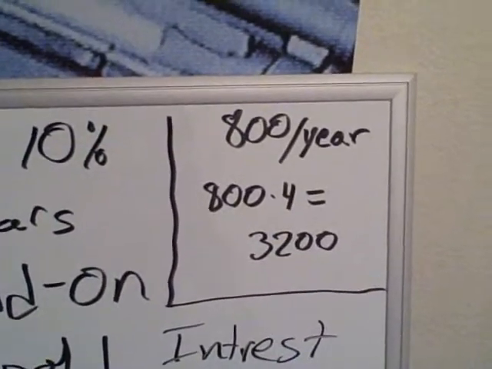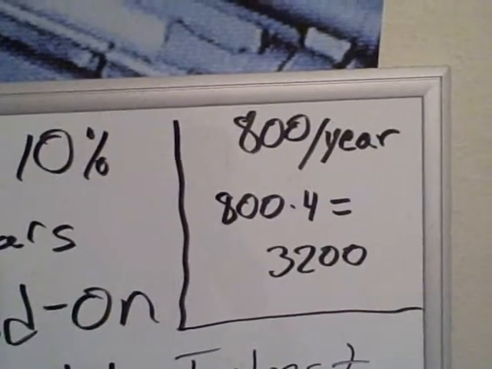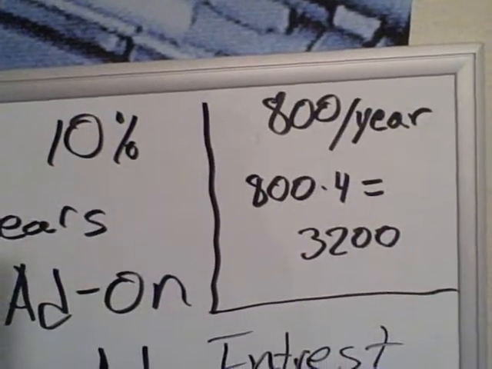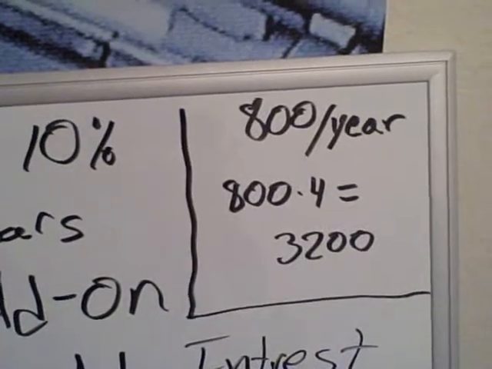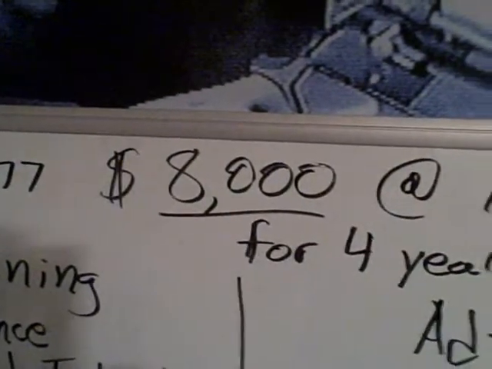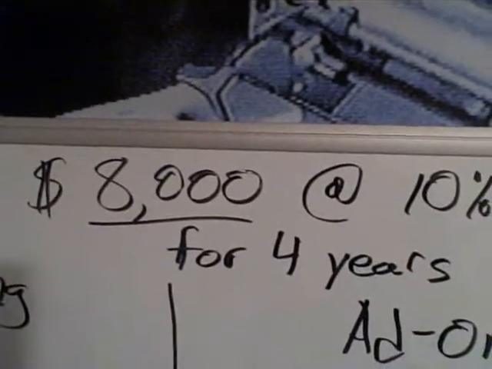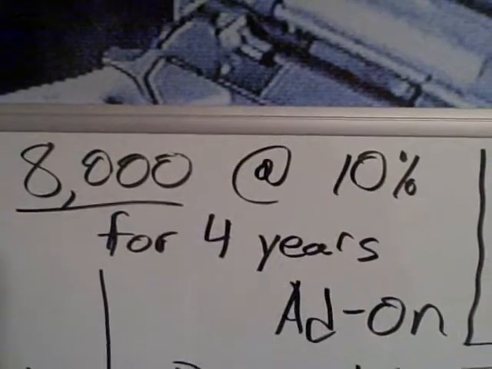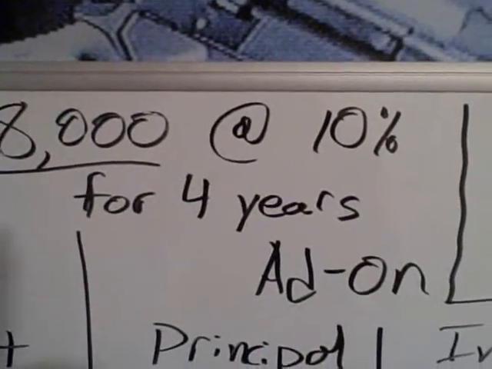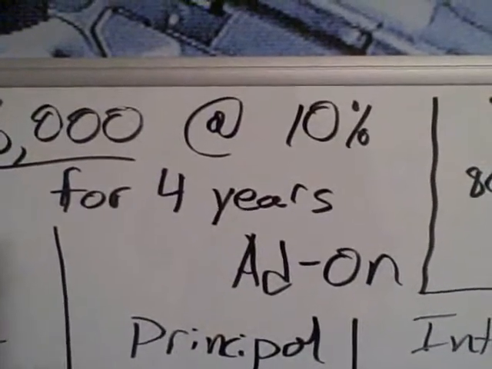So $800 per year for 4 years, 800 times 4, gives you a total of $3,200 interest. So you're going to add that total to the initial amount, which was $8,000. You're going to combine those. That will be the total amount that you're going to pay. You'll then divide that by 4 years, the length of the loan, and then that will be your payment, the amount that you'll pay per year.